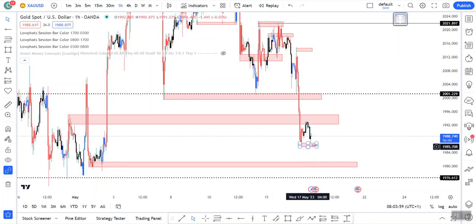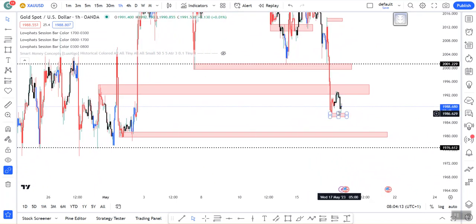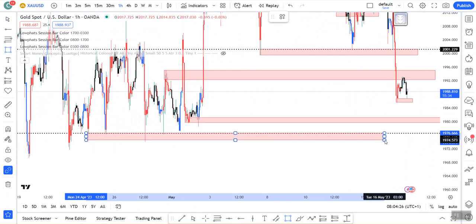Or if this is a break and retest, let's assume that the market breaks here and then comes back to retest this zone. I'll take the trade off this zone, and then my first target will be this zone. My next target will be this zone.